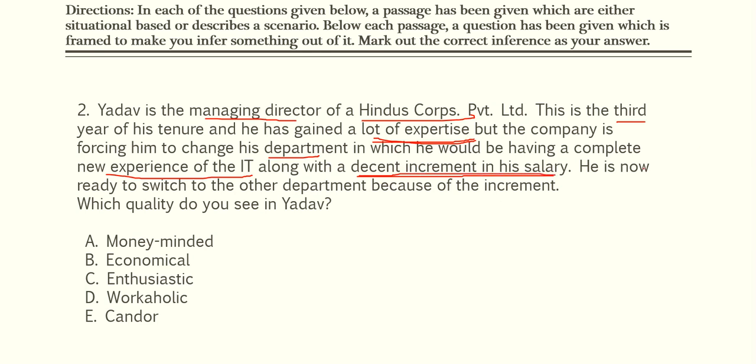So Yadav is now ready to switch the department because of the increment. He is more focused on the increment of his salary. Right. He's thinking that I'll get an increment in my salary, so why not change the department?